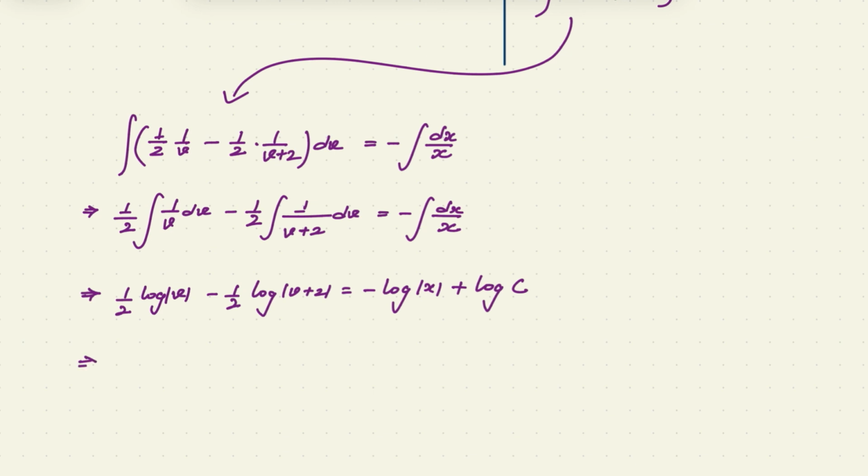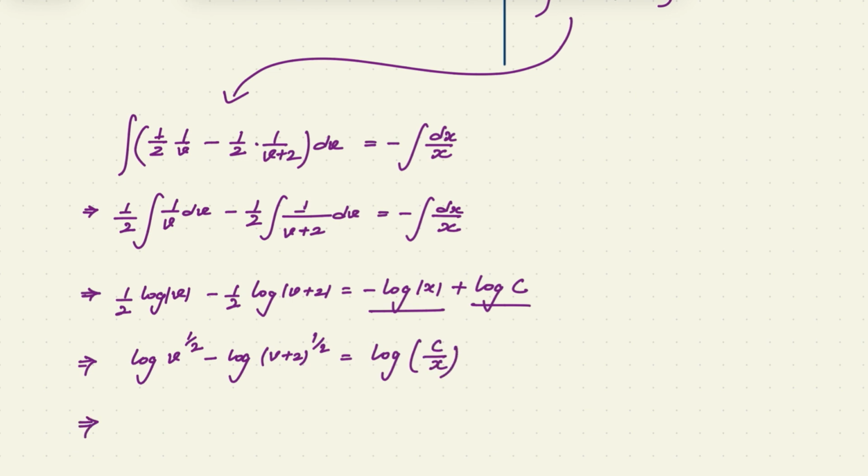So this implies log of v to the power half, using the property of log, minus log of v plus 2 whole to the power half equals, using the property, log c minus log x as log of c by x.